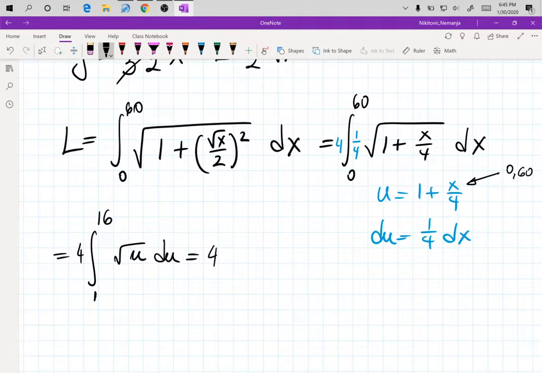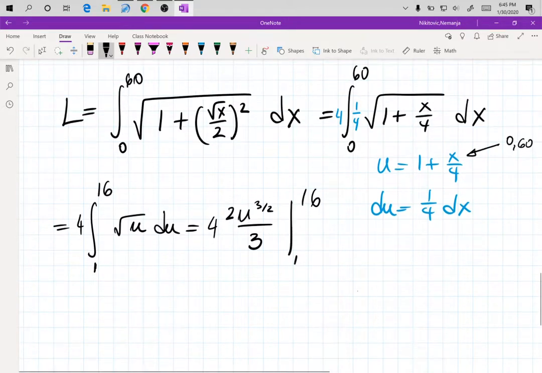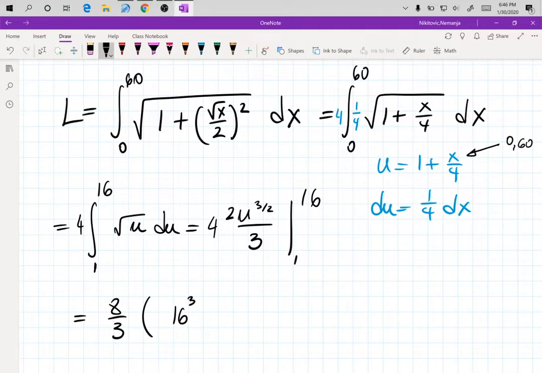So for U to the 1/2, that's U to the 3/2 divided by 3/2, computed from 1 to 16. This is 8/3 times (16 to the 3/2 minus 1 to the 3/2).